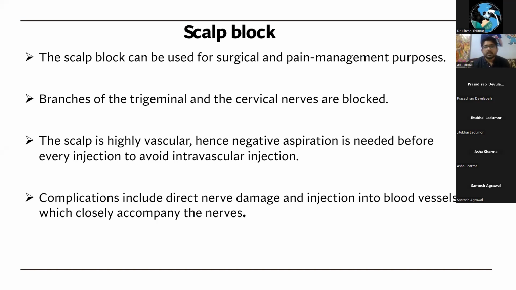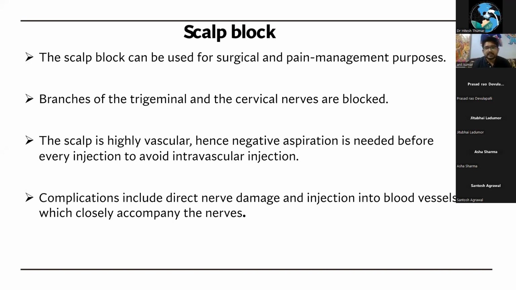Right. So the scalp block can be used for both surgical and pain management purposes. There are around 6 nerves we have to block in the scalp block, mostly from the trigeminal nerve and the cervical nerves.